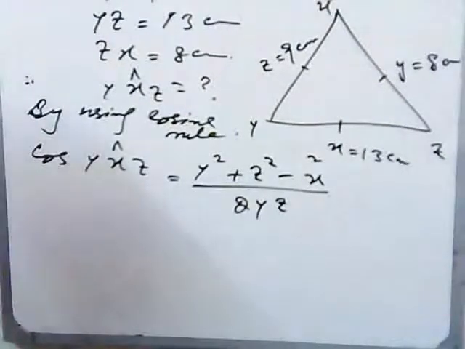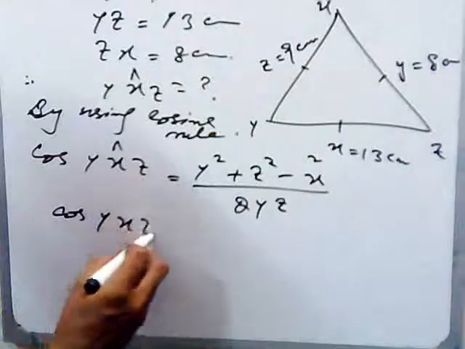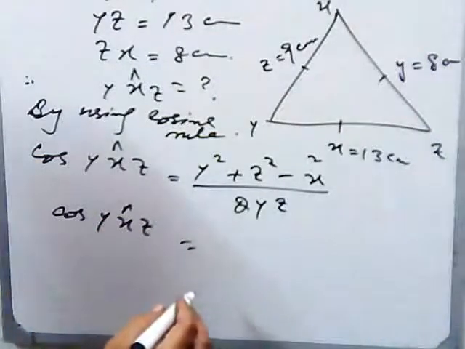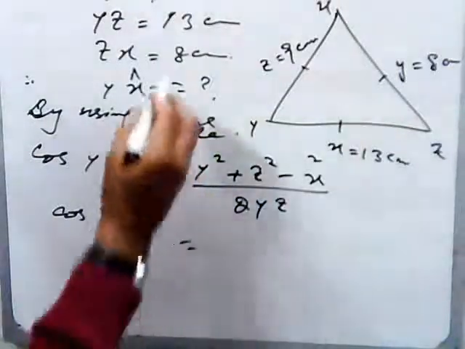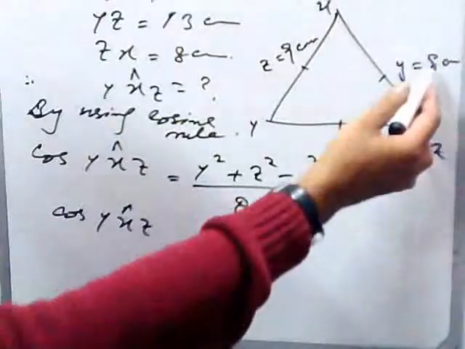So putting the values, cos YXZ is equal to, what is the value of Y? You have been given the value of Y is 8.